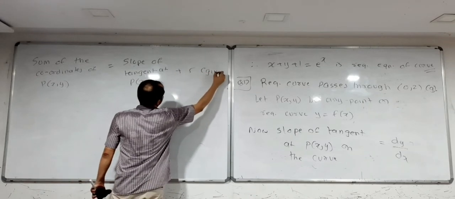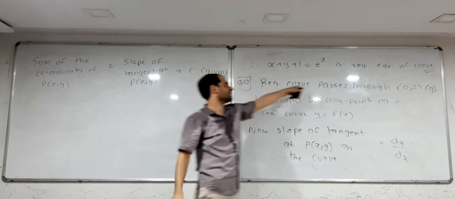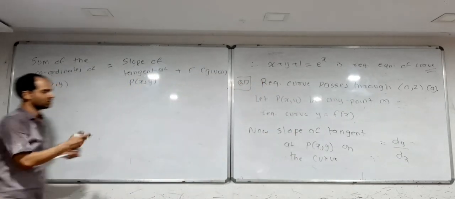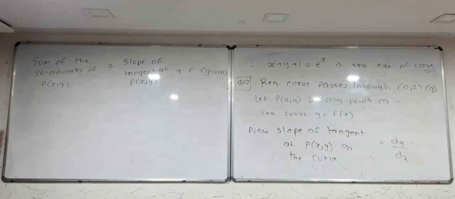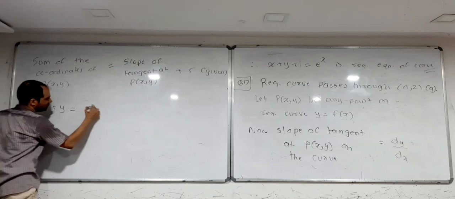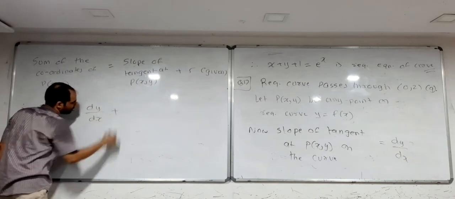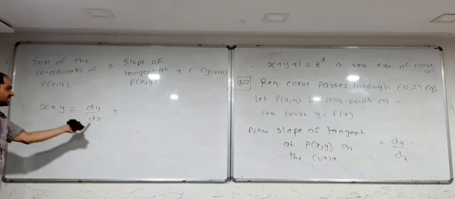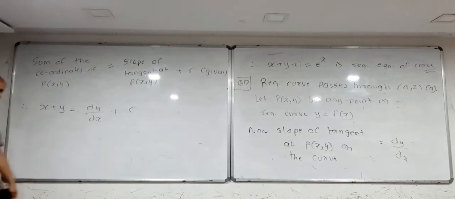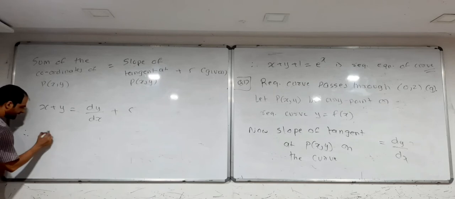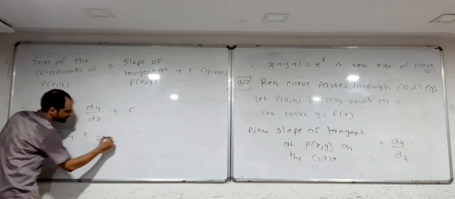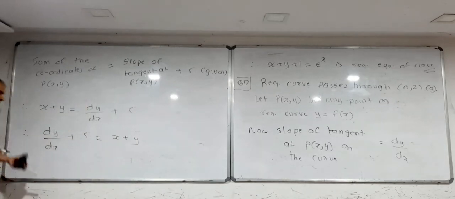This is given. आपको तो खाली एग्जांपल लिखना है, required curve passes through 0, 2, let P x y be any point on the required curve. You don't have to write these two steps. Directly go, sum of the coordinates, मतलब सीधा लिखो, x plus y is equal to dy by dx plus 5. Okay, so therefore I can write this as dy by dx is equal to x plus y minus 5.